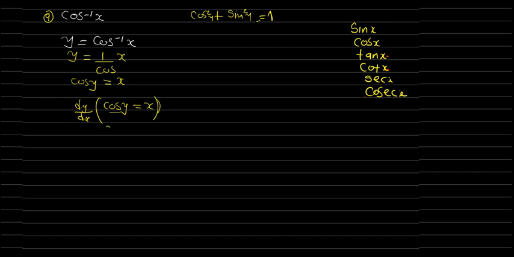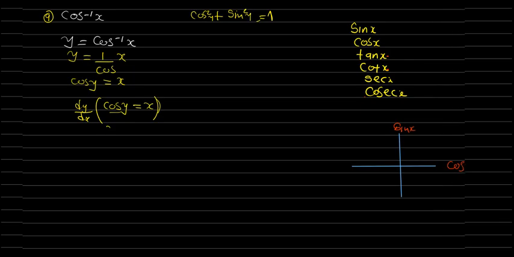By the way, let's go to our Cartesian plane. You remember when I gave you sine x, cos x, then again here we have negative sine x, then we have negative cos x there.